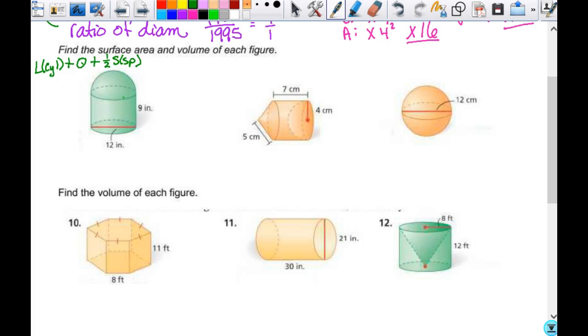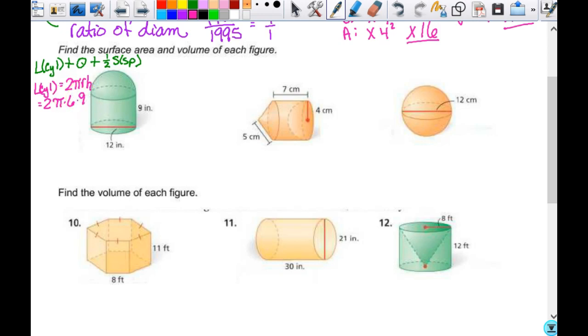So my lateral area of the cylinder, you may need a separate sheet of paper, I probably do too, 2 pi rh. So this is going to give me 2 times pi times the radius, which is 6, times the height, which is 9.